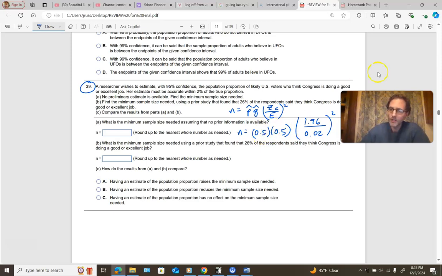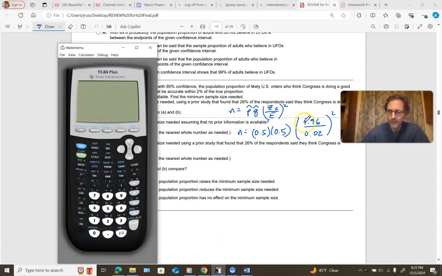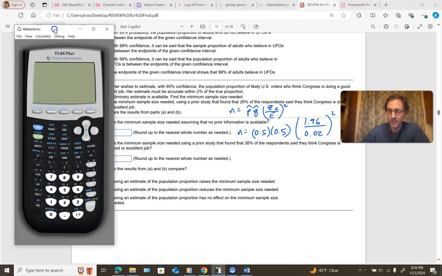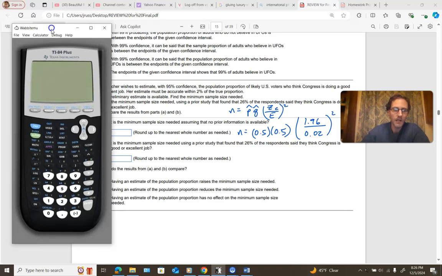You can plug all this into your calculator. And on these, you always have to round up, because you can't have a fraction of a person, or a fraction of an instance of sampling.